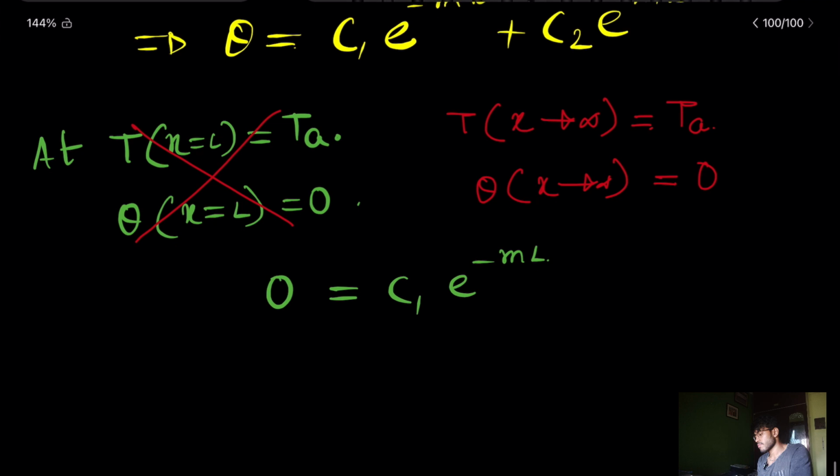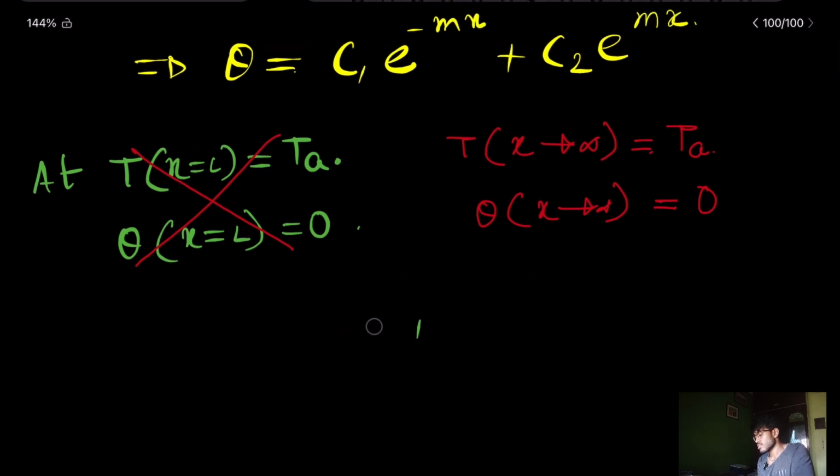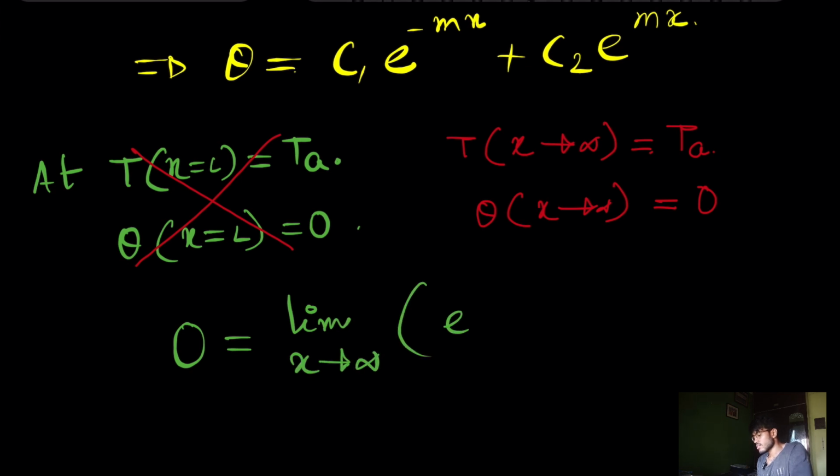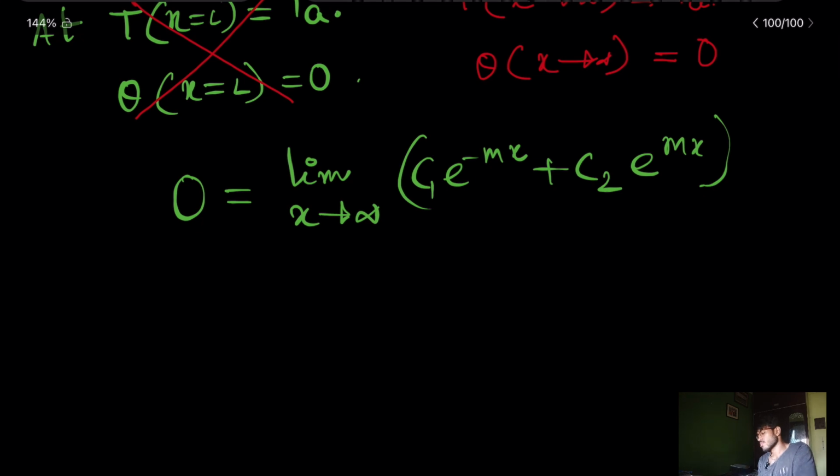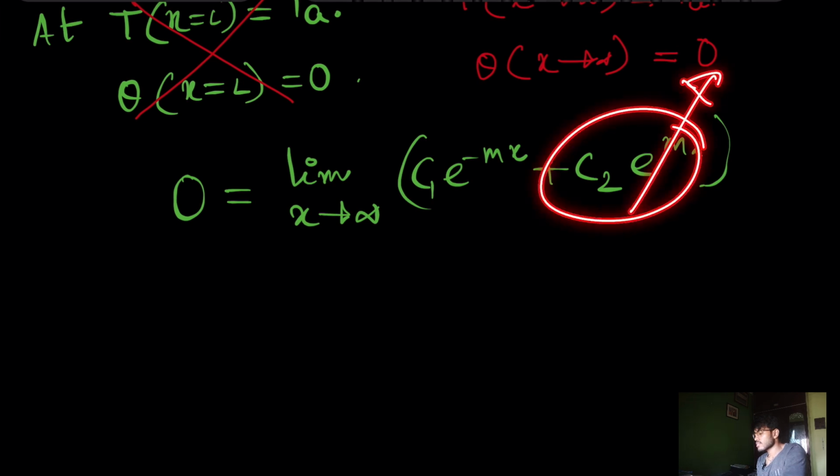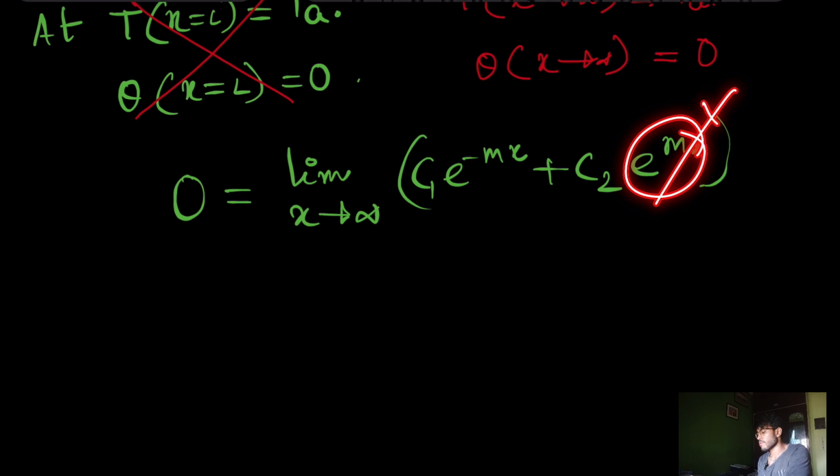So that means this will be 0 is equal to the limit x tends to infinity of C1 e to the power minus mx plus C2 e to the power mx. So you see, if in this term I put x tends to infinity, then it can never be 0, this will shoot up.